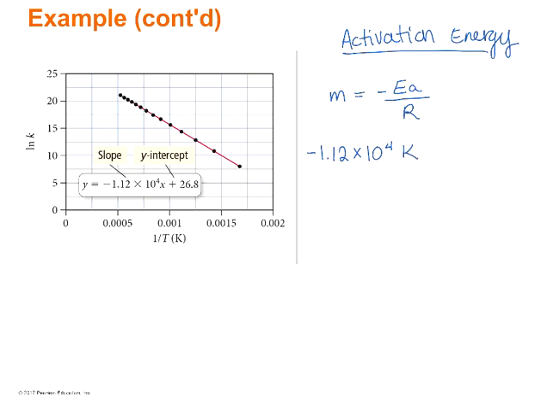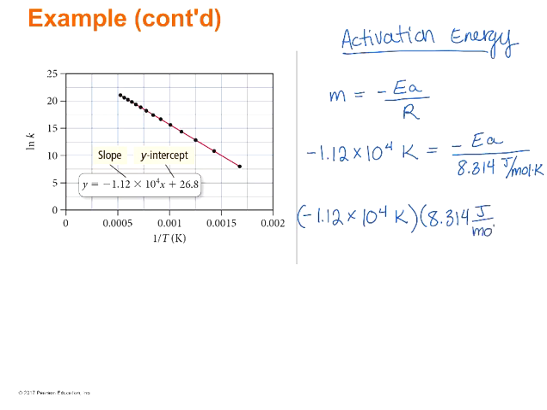Then we're going to set that equal to negative Ea over the gas constant, which we said was 8.314 joules per mole times Kelvin. Now we just need to rearrange and solve for the activation energy. So negative 1.12 times 10 to the 4th Kelvin times the gas constant, 8.314 joules per mole Kelvin, will equal negative Ea.